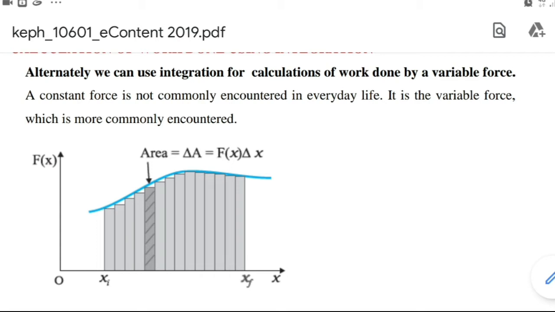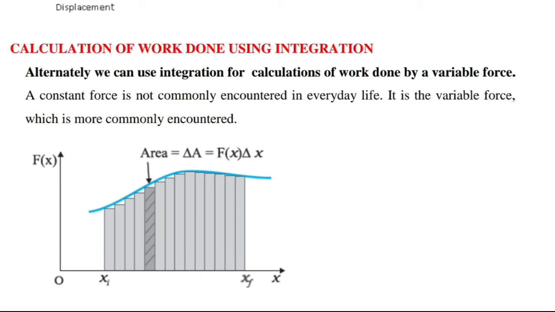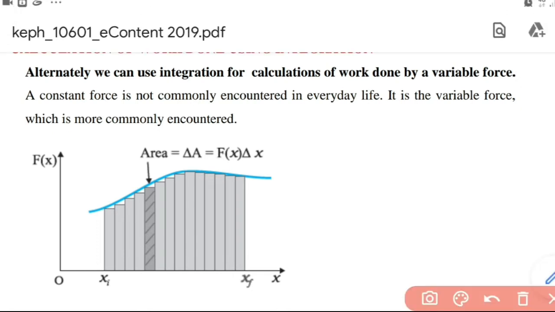That interval from xi to xf is divided into small displacements of delta x, as you can see in the diagram, such that during one small delta x, the force F can be taken to be constant.